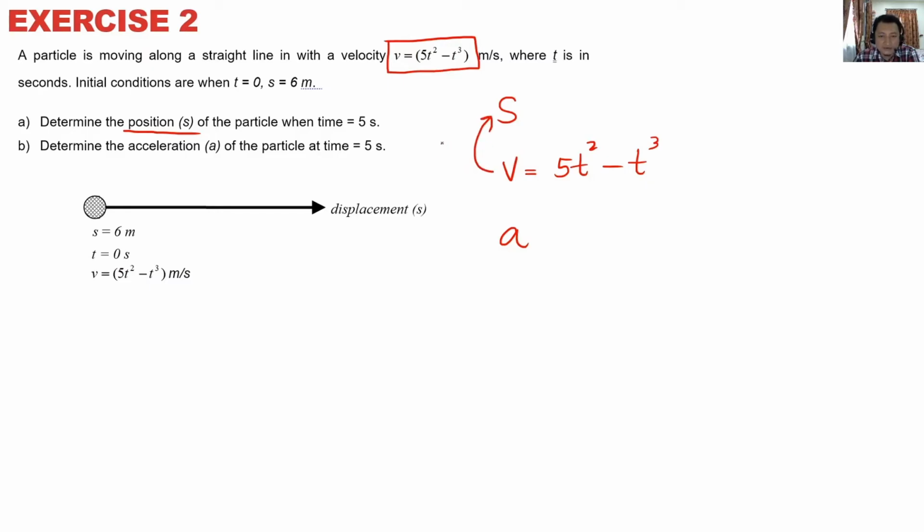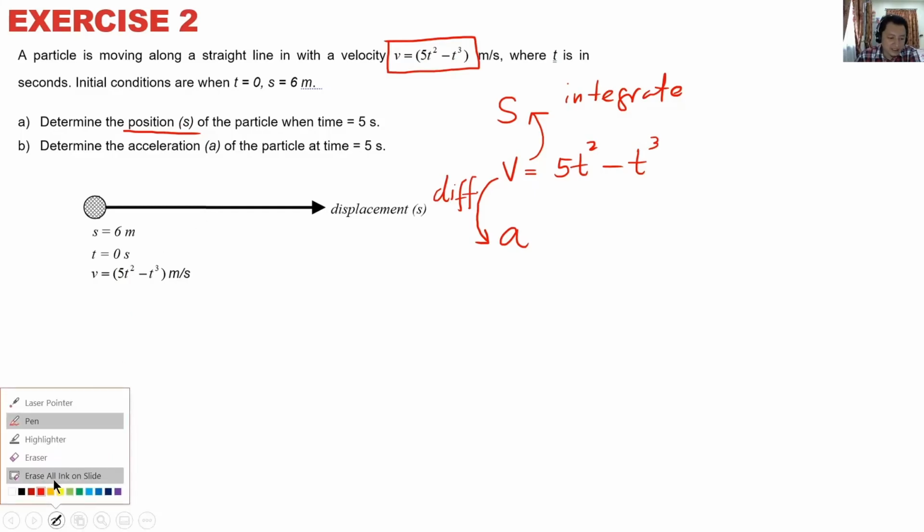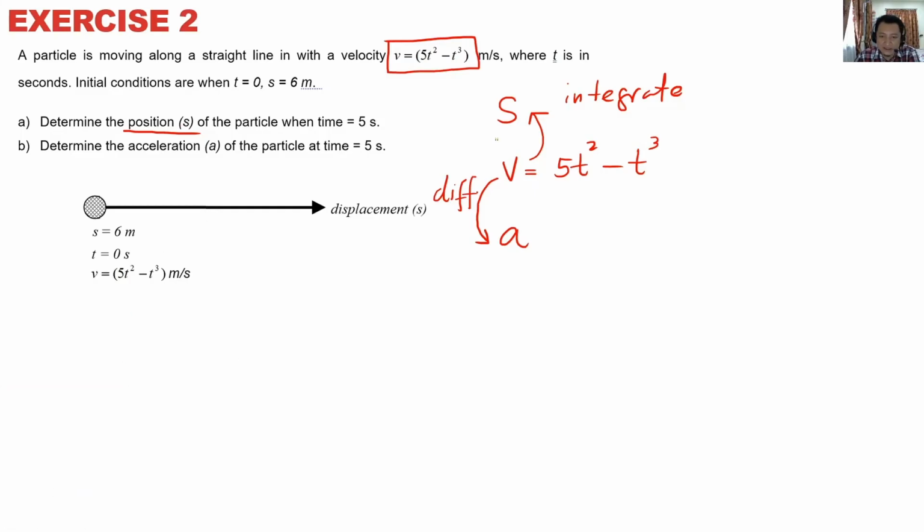You have to integrate. If you want to get acceleration, you have to differentiate. So it depends where you are in this diagram.